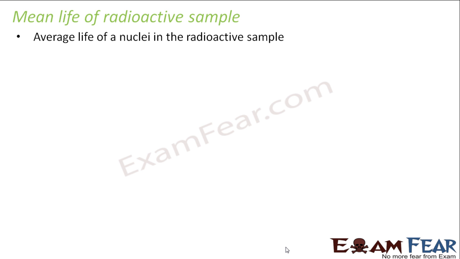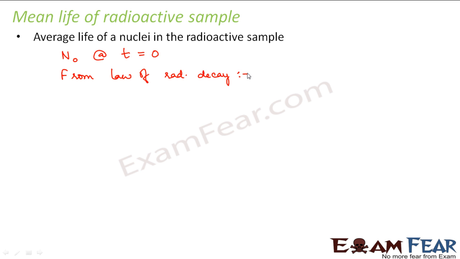Okay, so let us have a look at this. Let us suppose that N naught is the number of radioactive nuclei at time t is equal to 0. Now from the law of radioactive decay, we can say that dN by dt is equal to minus lambda N, right? Therefore, what is the number of nuclei that will decay between time t and t plus dt? These many nuclei, dN, will decay in time dt.